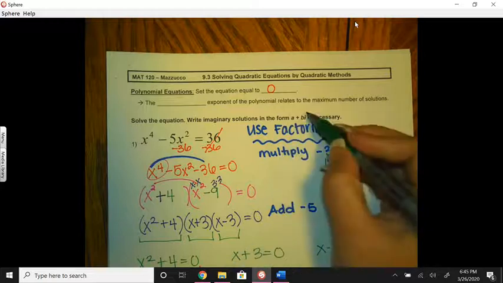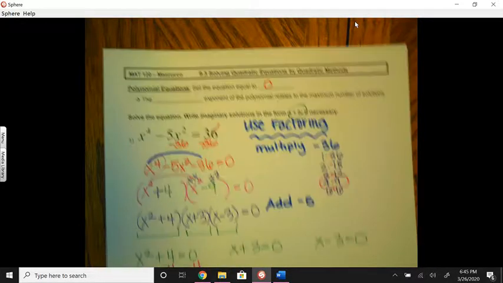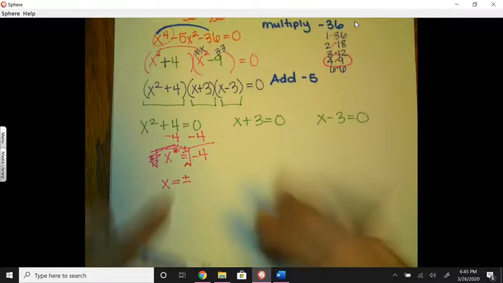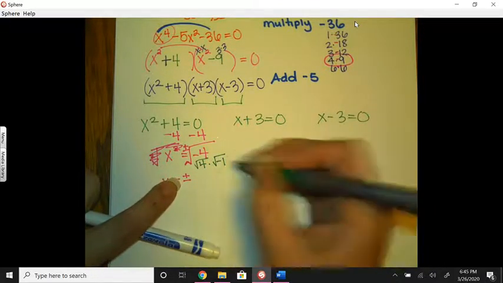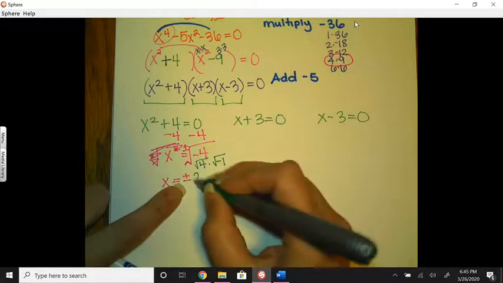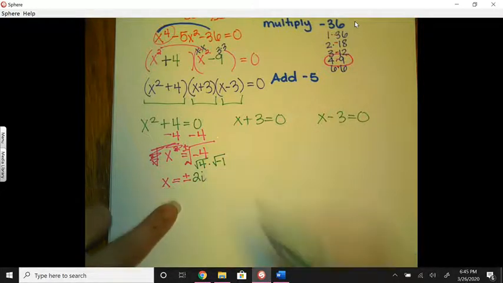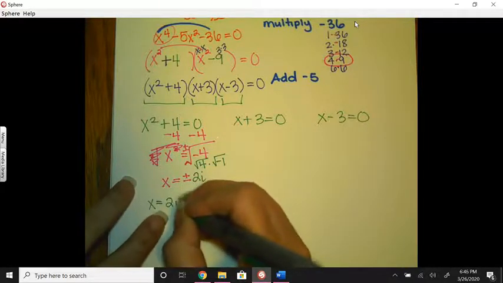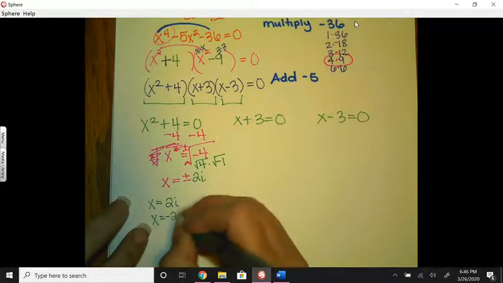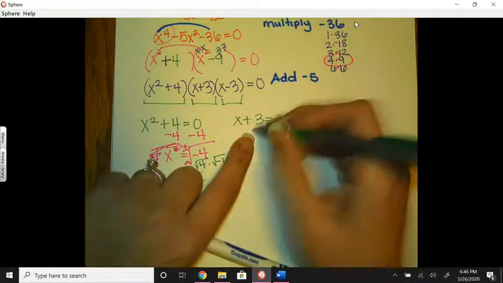So it tells us here in the directions we're also including complex answers. So that is why we're going to split this up into square root of 4 times square root of negative 1, which is 2i. Okay, so now we have x equals 2i, x equals negative 2i.